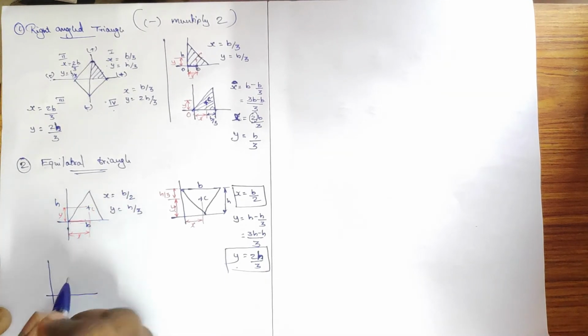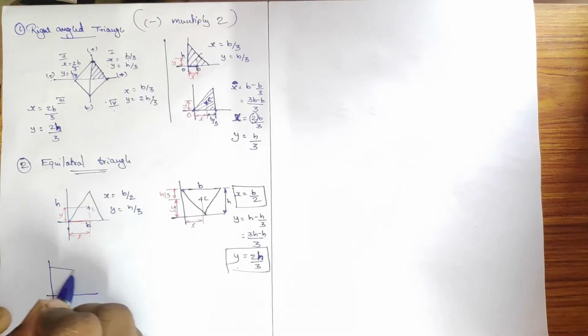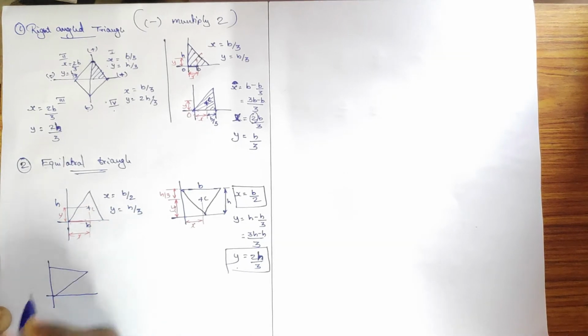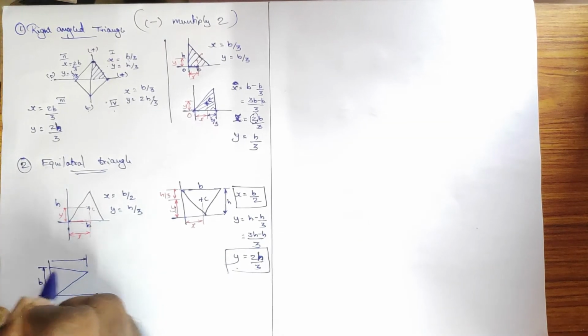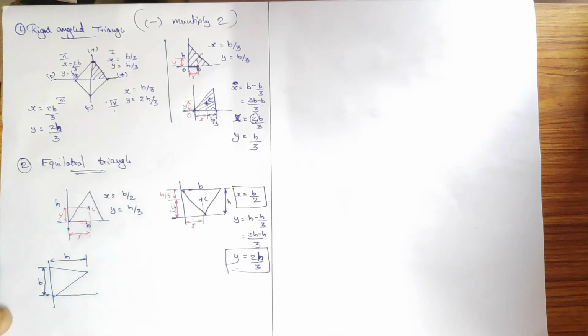And suppose this direction is also possible. Sometimes the equilateral triangle will be something like this. So I can say this has a measurement b, and this has the length height.